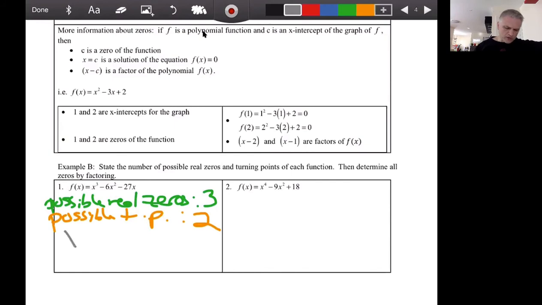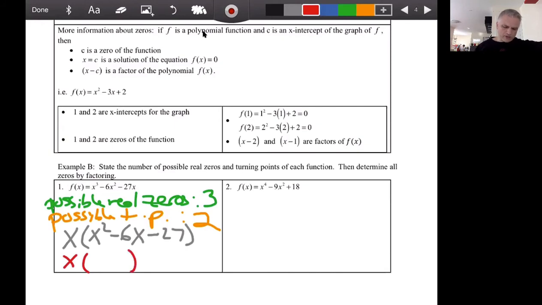So let's factor out an x. Divide x cubed by x, get x squared. Divide minus 6x squared by x, get minus 6x. Divide negative 27x by x, and you get minus 27. We're going to keep this x, because that's going to be one of our zeros coming up that we're going to need for a solution.